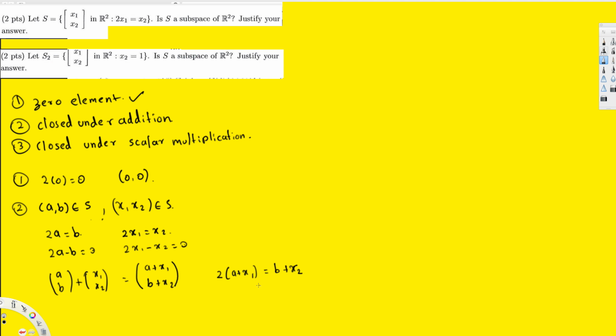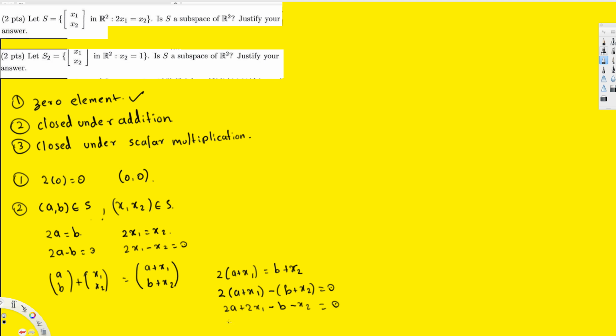So let's see whether it is true. I can rearrange this: 2(a plus x1) minus (b plus x2) is equal to 0, and multiplying out, 2a plus 2x1 minus b minus x2 is equal to 0.